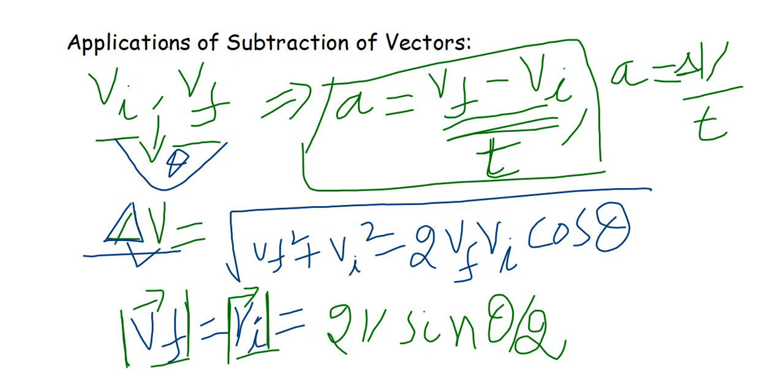If the magnitude of these two vectors is the same, then the magnitude of the subtracted vector, delta v, is equal to 2v sin theta by 2. So this is about subtraction of vectors and its applications.